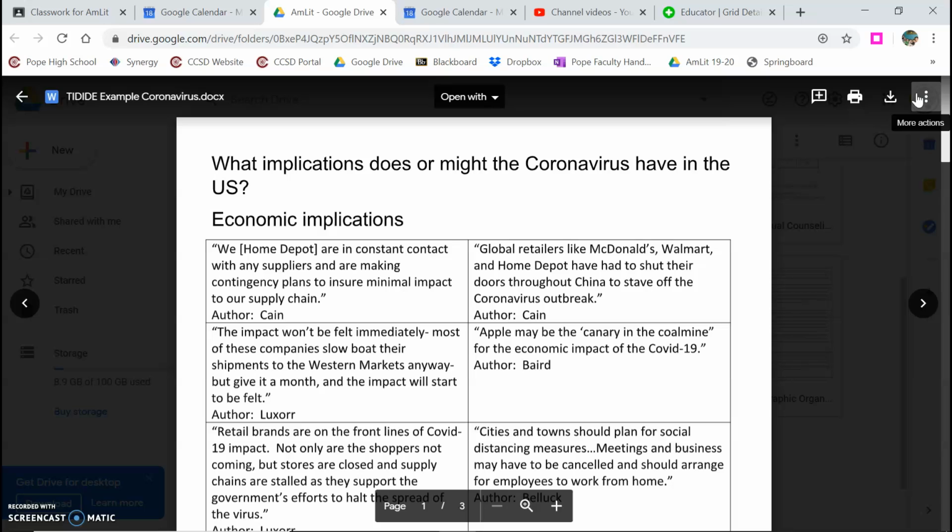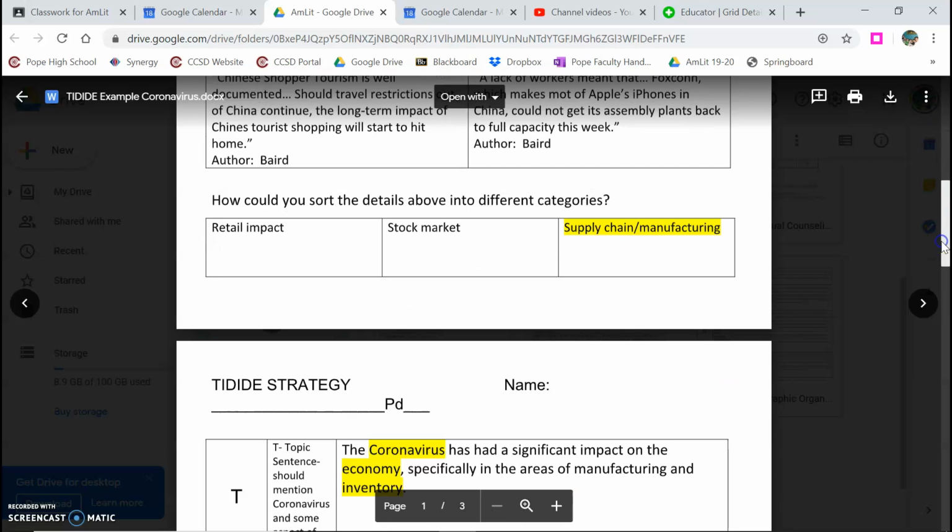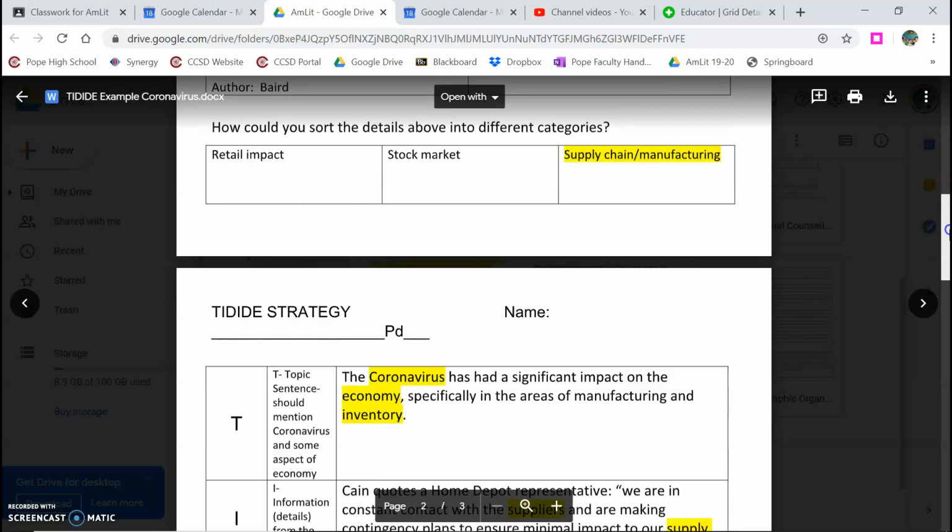One of the biggest ripples we felt was going to be economic implications. Then we said that there were going to be 3 sub-ripples or subtopics, however you want to say that: the retail impact, the stock market, and the supply or manufacturing chain. And then we went on to start our first TIDIDE paragraph.